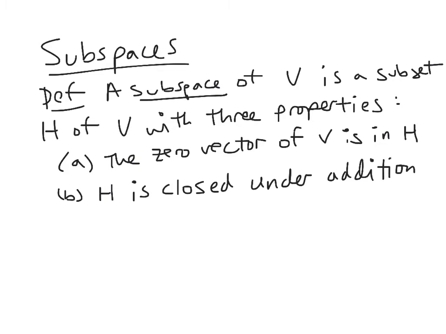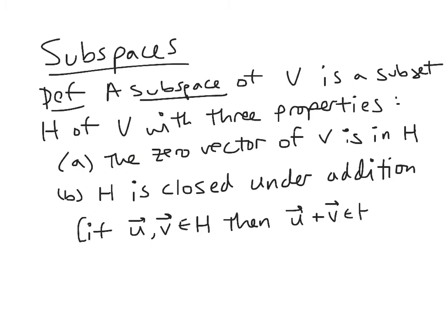Well, it means that if we have two vectors that are in H, then their sum must also be in H. Basically, if I have two vectors in H, I add them, it must stay in H. And last but not least, H is closed under scalar multiplication.